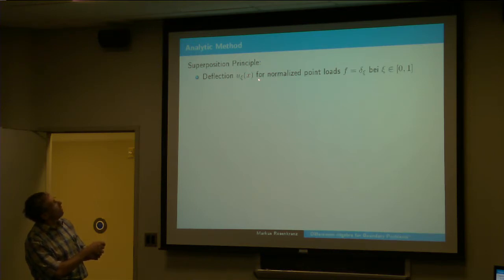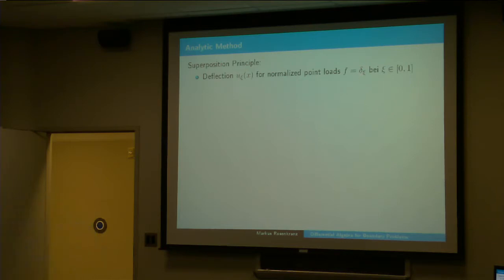So the deflection at this point x corresponding to a point load. So that means now at a different point psi, I have a certain load. Okay? Here's the point psi. So here I apply some load. And then I'm asking myself, how much does it bend at this point x? Okay? That's this kind of situation here.